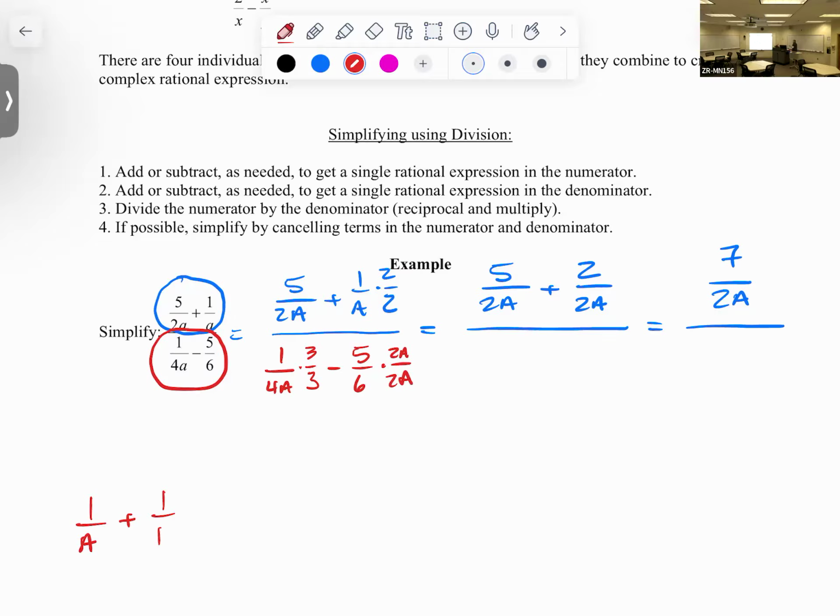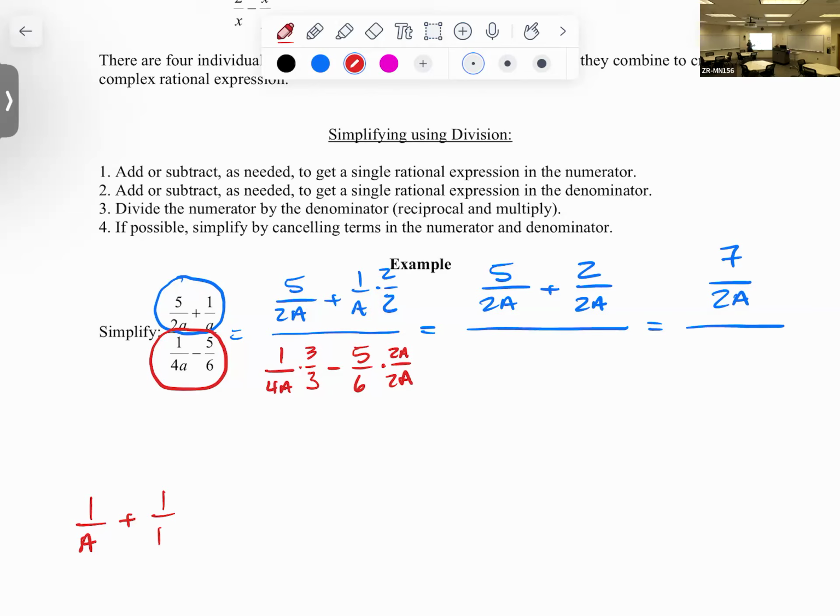We're creating the least common denominator. Now, as Anya pointed out, if you're having a hard time thinking of the least common denominator, the easiest way to create a denominator is to multiply this denominator by this denominator, 24a. That creates a denominator, just not the least common denominator.